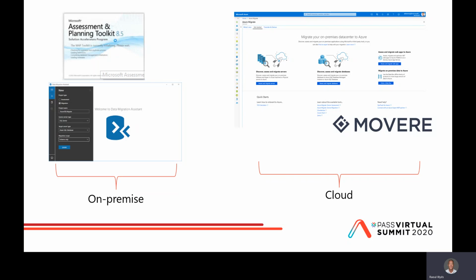Also, there used to be a third-party tool called Mover. It's still a tool called Mover, but I think about 6 months ago it was acquired by Microsoft. That's why I've added it here, because now it's linked into the Azure Migrate service portal, but there are some specific licensing needs for running that tool. So that's why I still have it separated here.